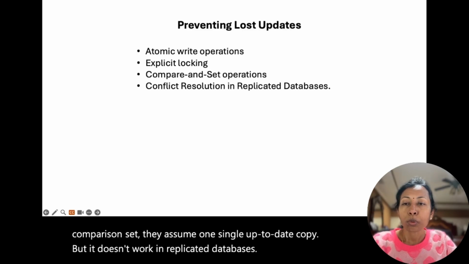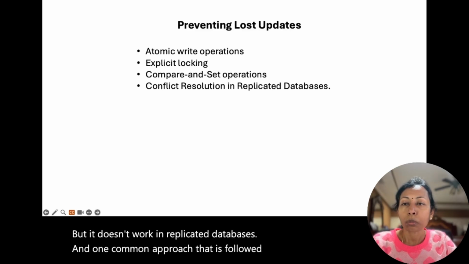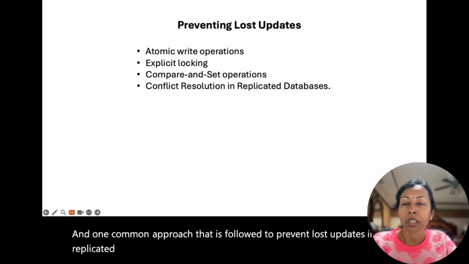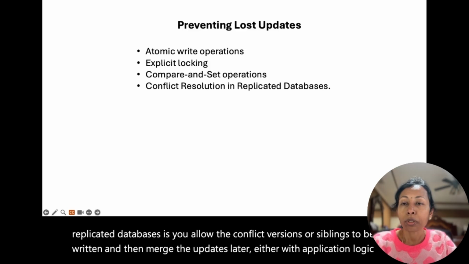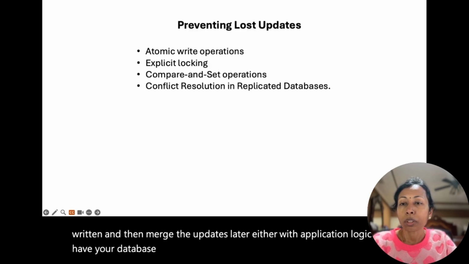One common approach to prevent lost updates in replicated databases is to allow the conflicting versions or siblings to be written and then merge the updates later, either with application logic or have your database itself resolve those conflicts.